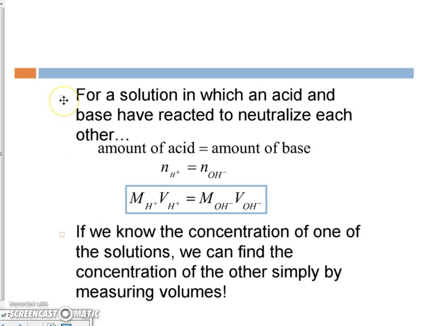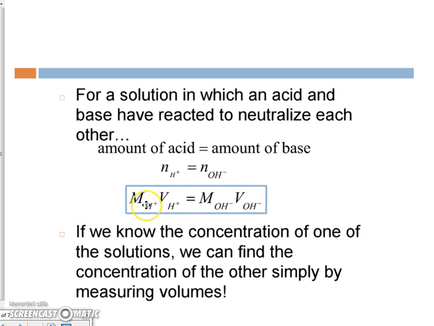So for a solution in which an acid and base have reacted to neutralize each other, the amount of acid equals the amount of base. This is the neutralization point, when these two things are equal. So moles are equal, which means molarity times volume is the same as the other molarity times volume.